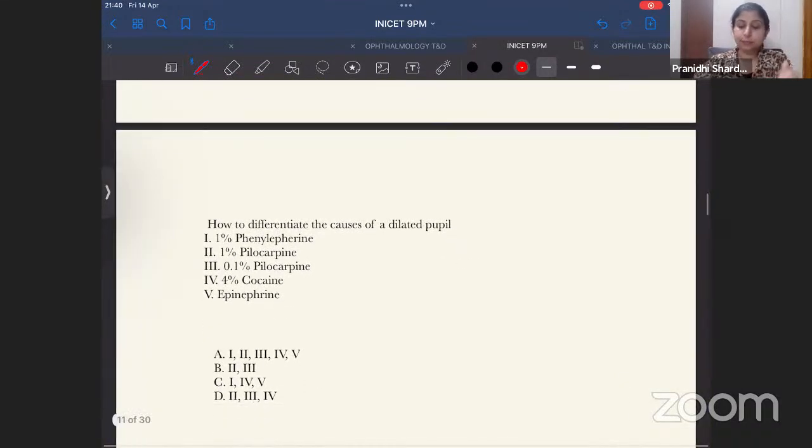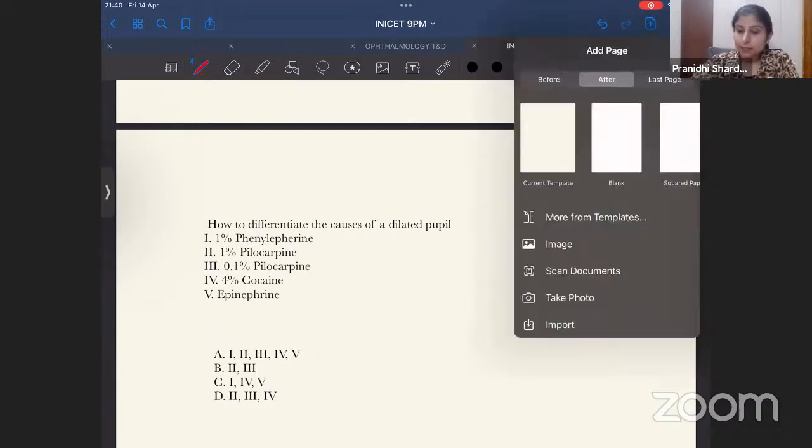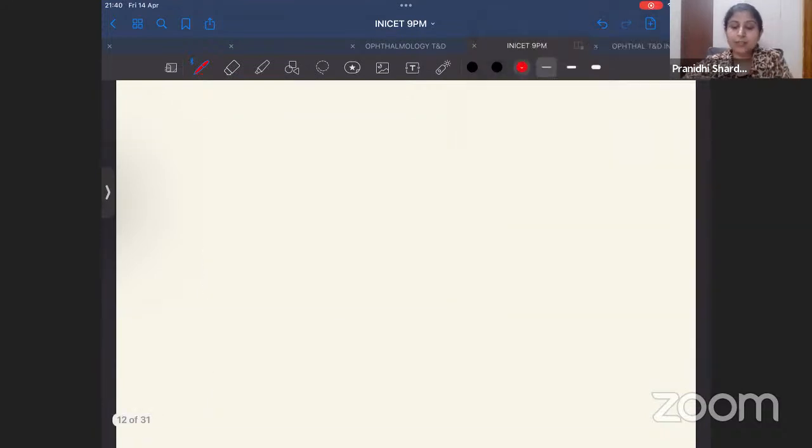Next question is, how to differentiate the causes of a dilated pupil? So here we are talking about anisocoria. Let us quickly revise anisocoria.